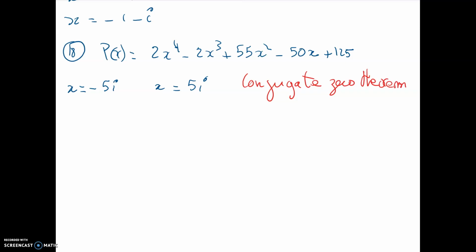Therefore, I can finally express my polynomial p of x as x plus 5i times x minus 5i times technically two other parentheses that I'm looking for.